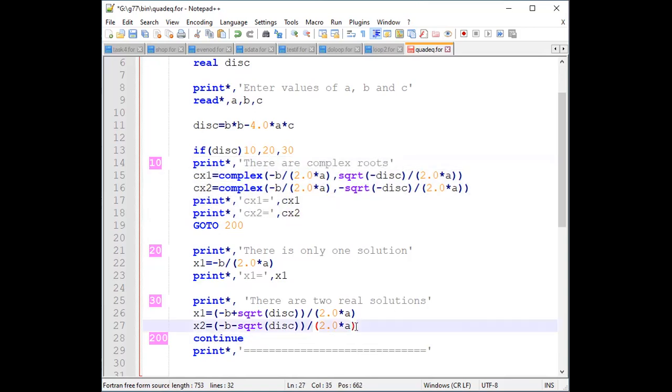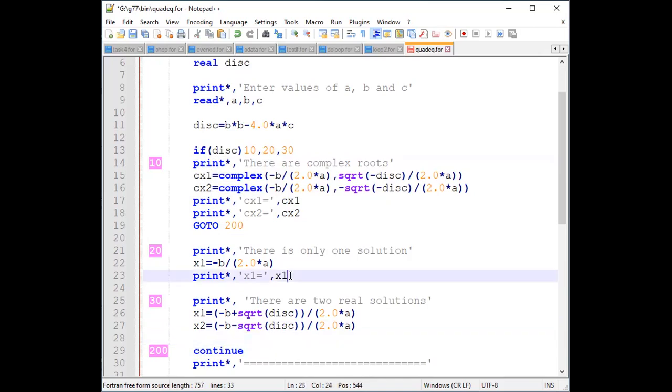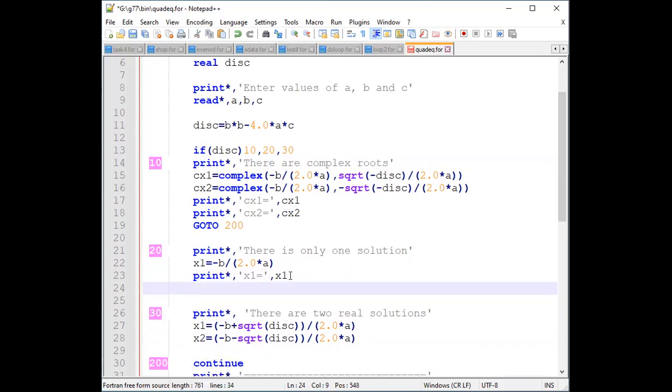The same thing is required over here: if it jumps to statement 20, after executing these 3 lines, there is no need to go to the next line. It should skip these lines, so I have written go to 200.